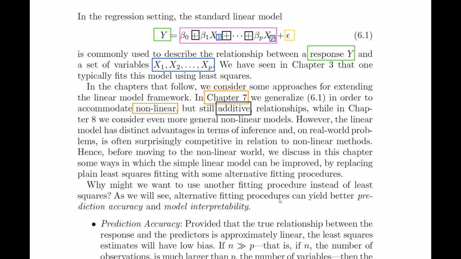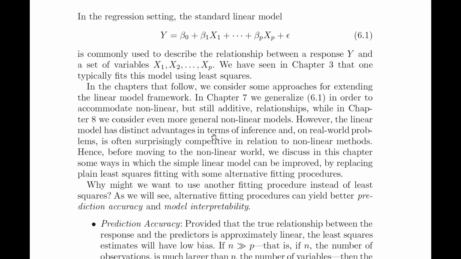Why might we want to use another fitting procedure instead of least squares? As we will see, alternative fitting procedures can yield better prediction accuracy and model interpretability. Remember, when we speak of accuracy, usually what we have in mind is actual versus expected.